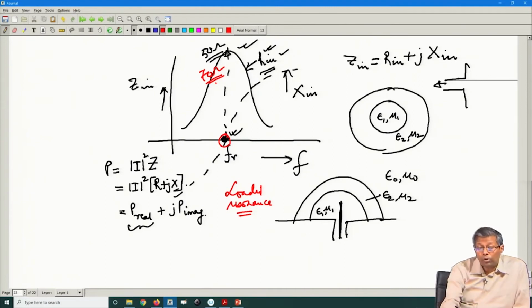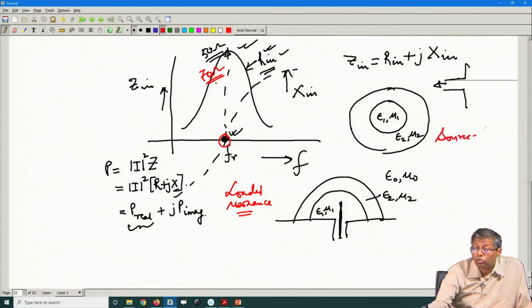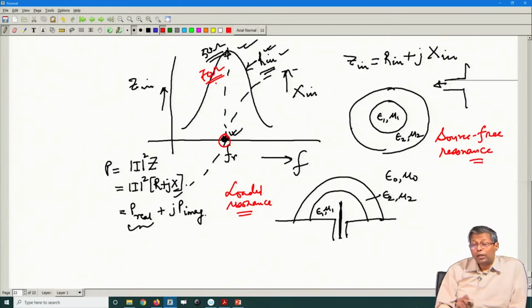The concept of loaded resonance is used to match an antenna or any kind of guided structure with its feed. It is distinct from what we call source free resonance. This can be well illustrated by this kind of antenna structure.